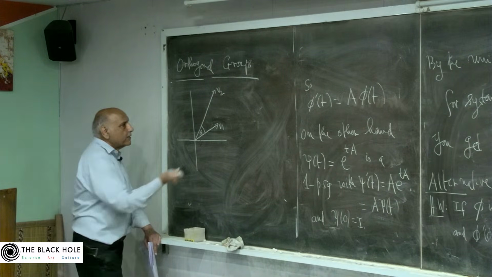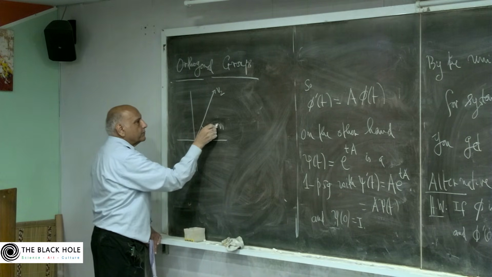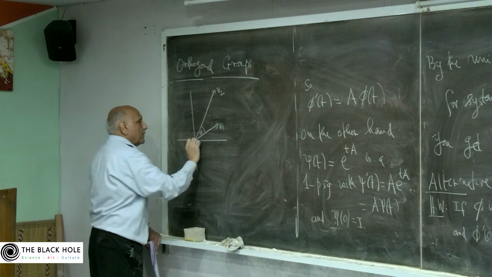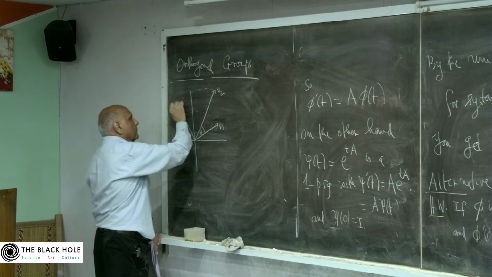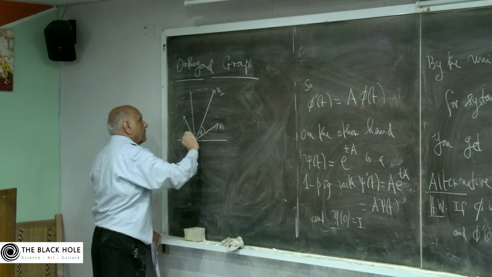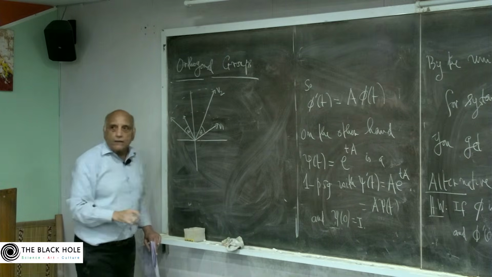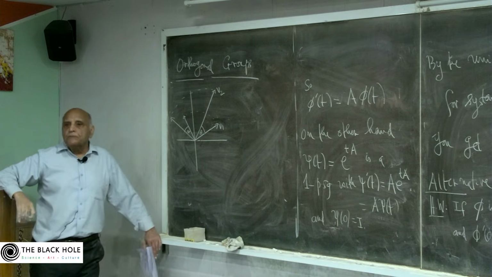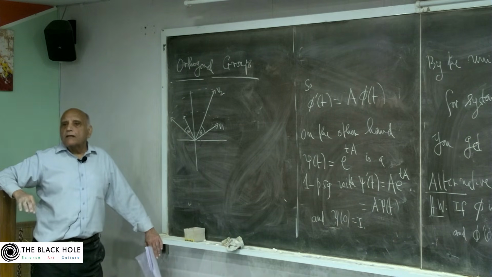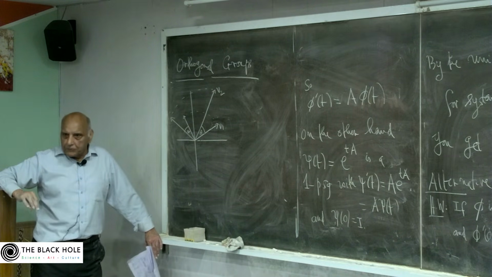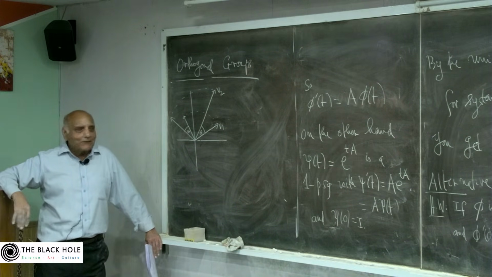If I rotate all this through any angle, then this angle is also theta. So the transformations which preserve lengths and angles are called orthogonal transformations. Actually, angles will automatically be preserved.